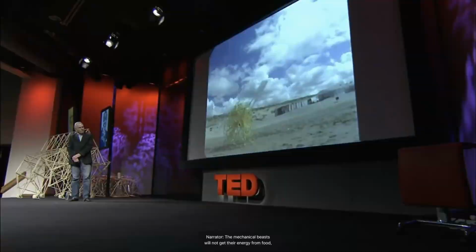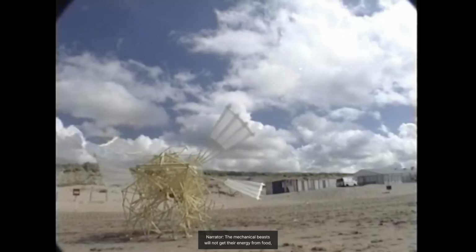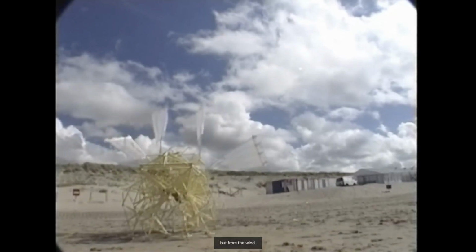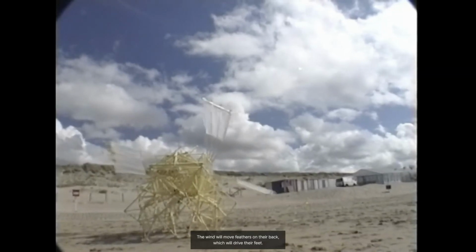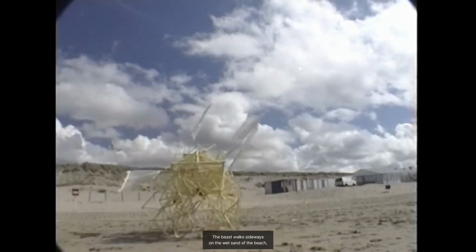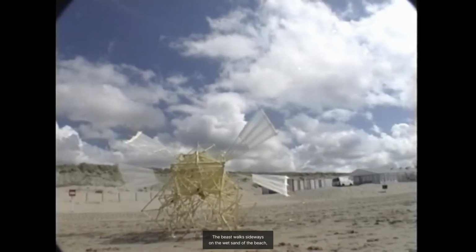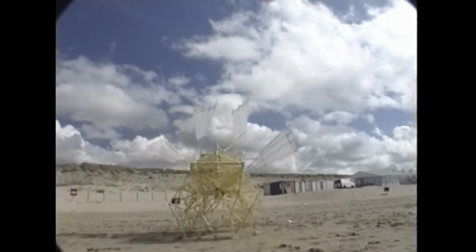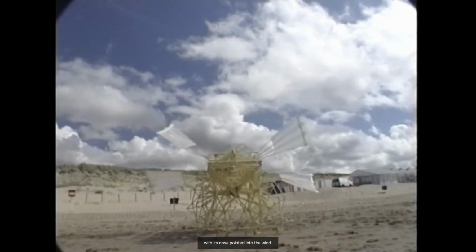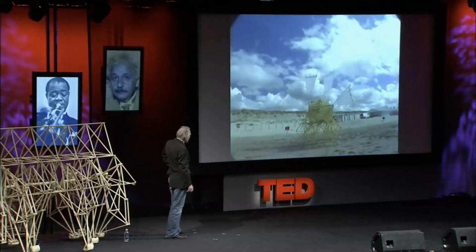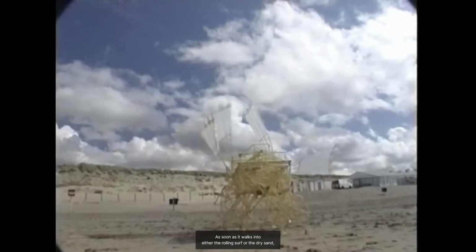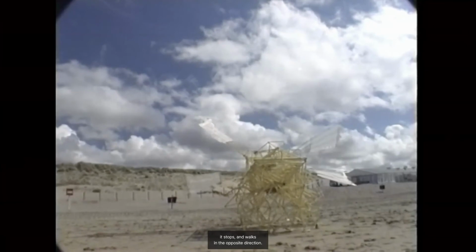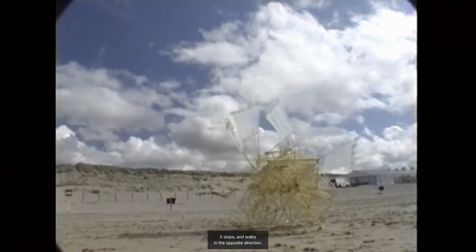The mechanical beasts will not get their energy from food, but from the wind. The wind will move feathers on their back, which will drive their feet. The beast walks sideways on the wet sand of the beach with its nose pointed into the wind. As soon as it walks into either the rolling surf or the dry sand, it stops and walks in the opposite direction.